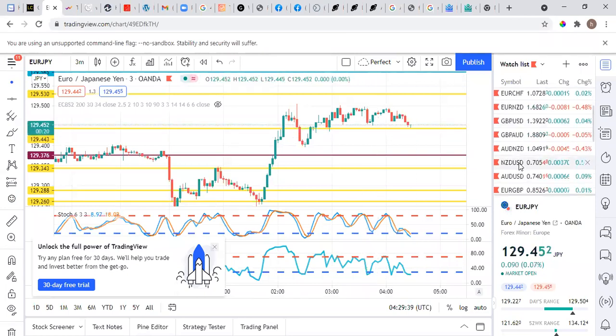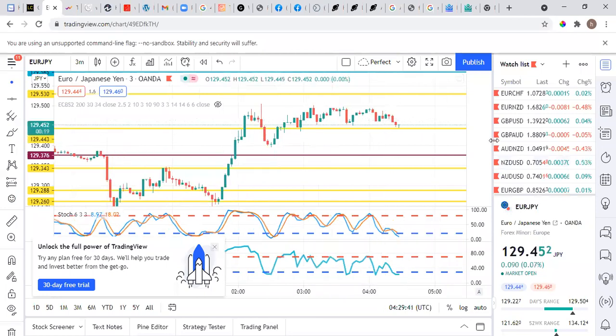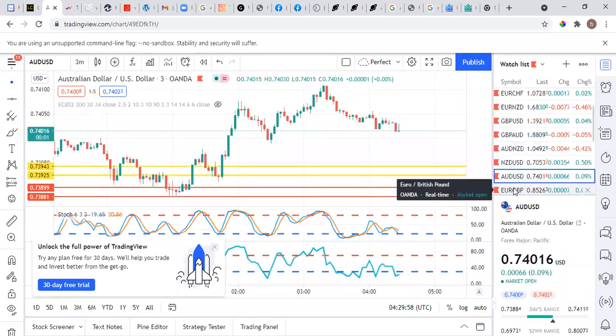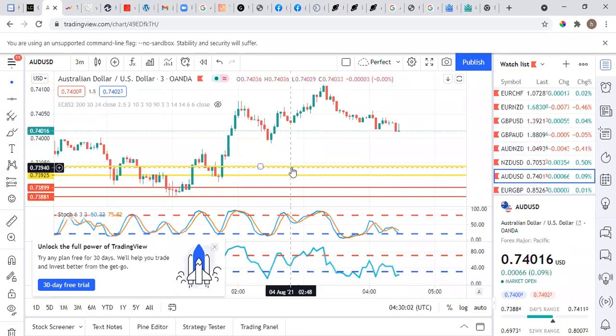Let me use another. Can you see that this thing is bouncing? Can you see that I'm seeing a green arrow? This is going to be bouncing back up because it is hitting the support line. I want to use a currency that I've not drawn any line on so that I can use it to explain, and let me just delete the lines.